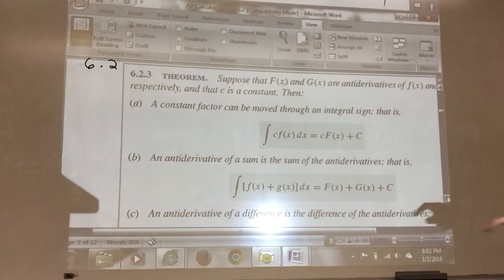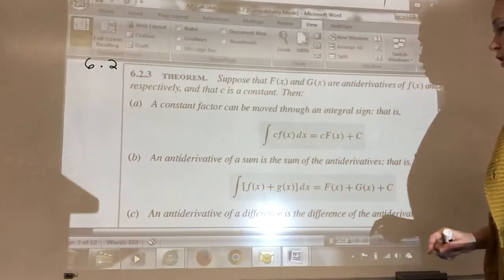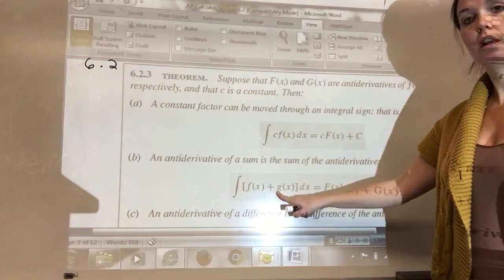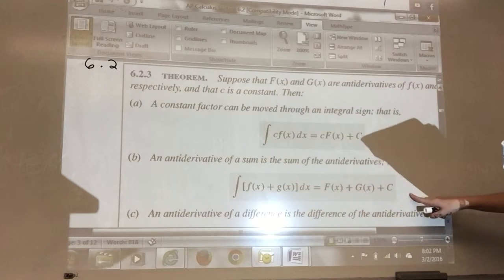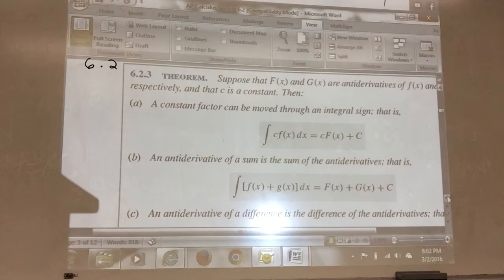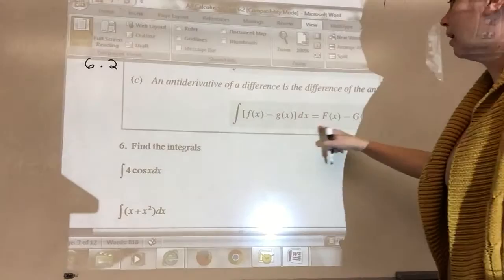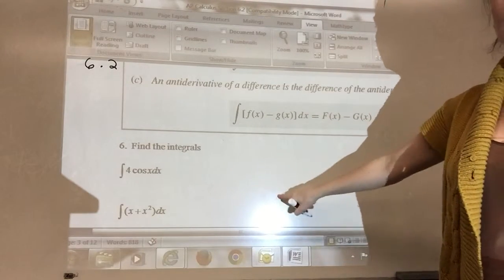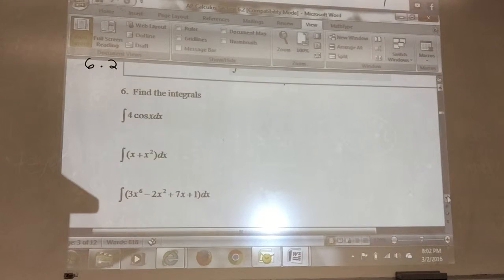Here, our next one, the integral of the sum of 2 different functions. You can go through and you can take the integral of each of the functions separately. Okay, so that's what they're showing you here. And then finally, the same thing with part C there. They're just saying that if you're subtracting, you can go through and break that up. Now, normally we don't even show that, so let me get into these examples down here, and you'll see how we typically handle that. Okay, so let's go to example 6.